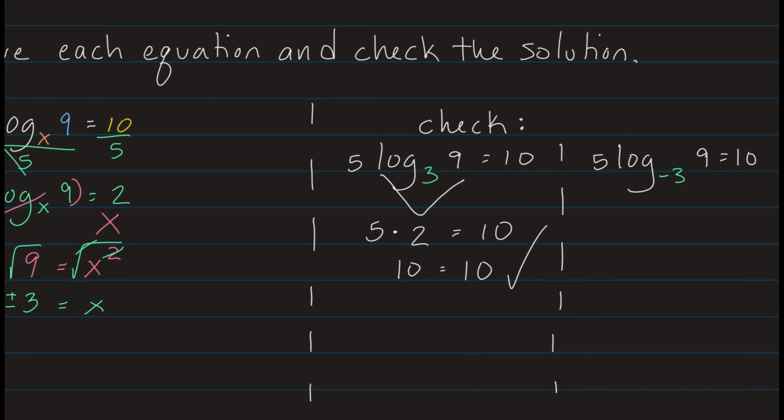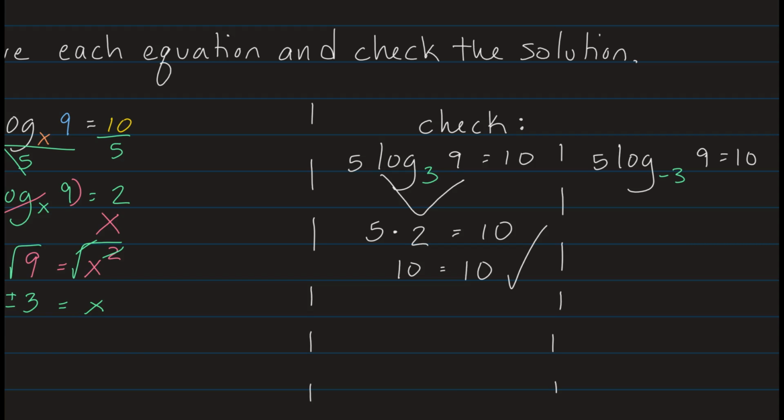At this point, you should have a stopping moment, because looking at this, we learned last week that there are restrictions for logs. The base and the argument can never be two things. They can never be 0 and they can never be negative. So right now, our base on this solution is -3.